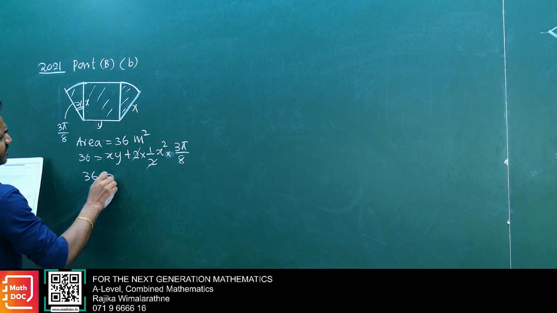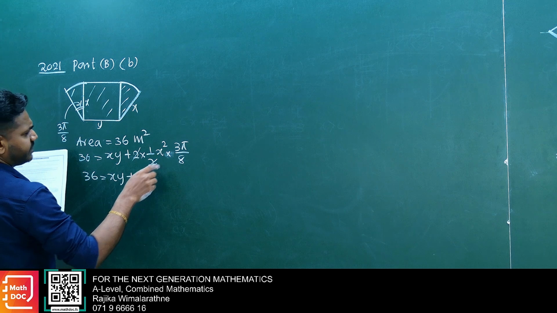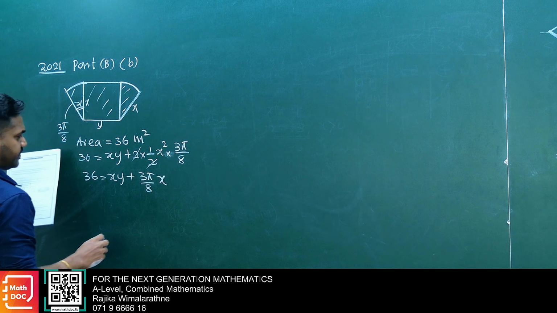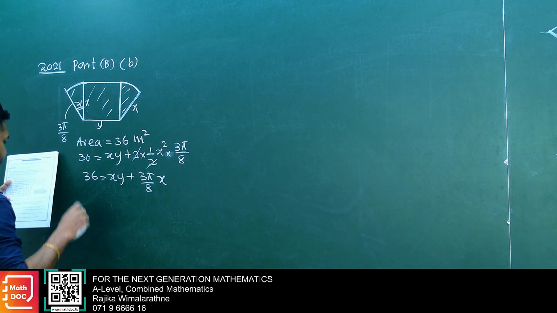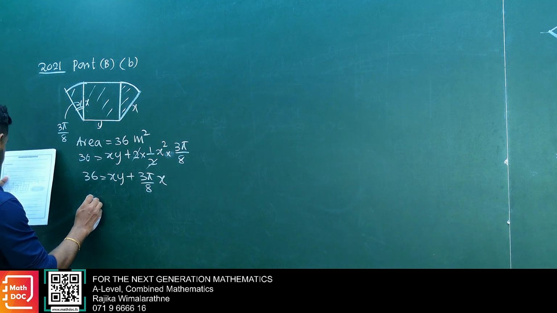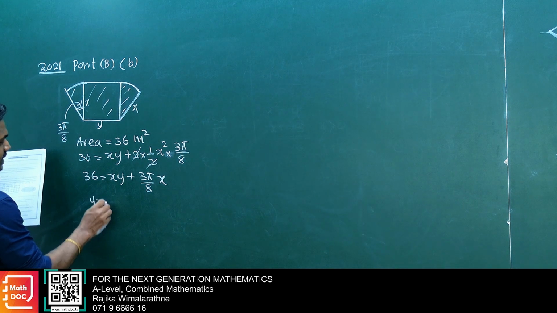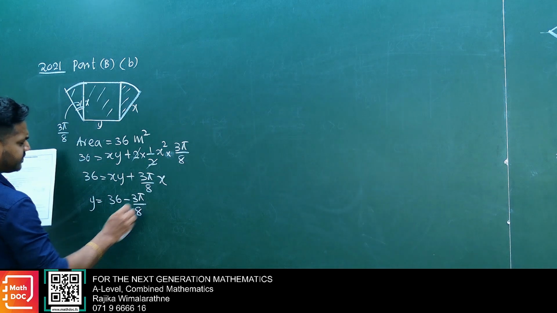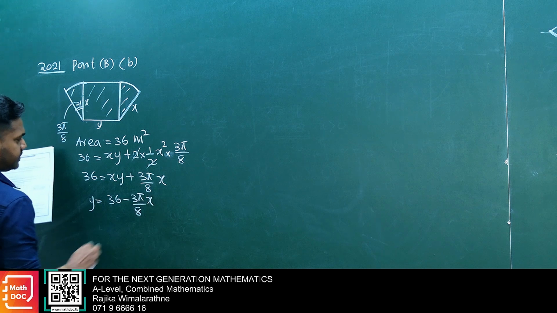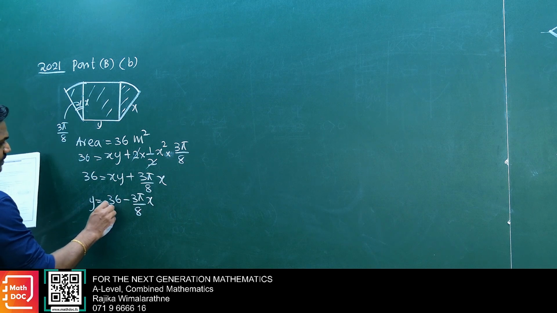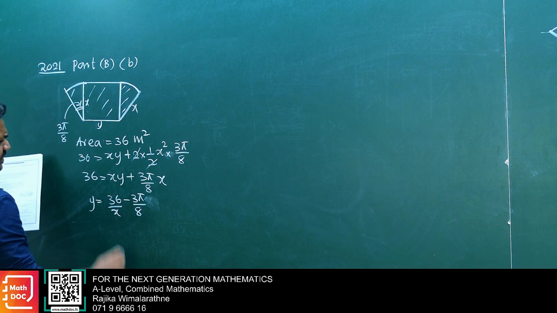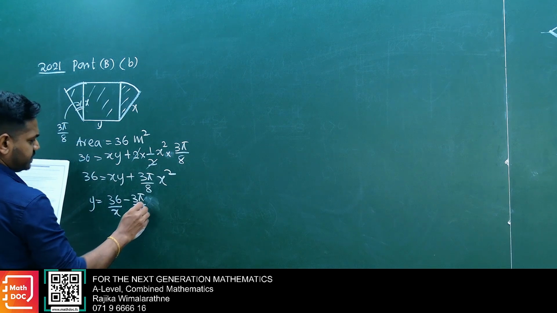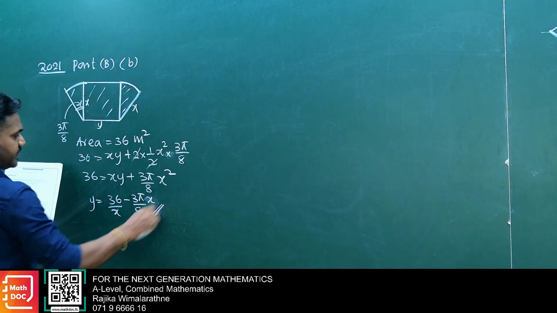Then 36 equals xy plus 3 pi divided by 8 x squared. Then take y: y equals 36 minus 3 pi divided by 8 x squared, now divided by x. Here it is, y equals (36 minus 3 pi x squared over 8) over x.